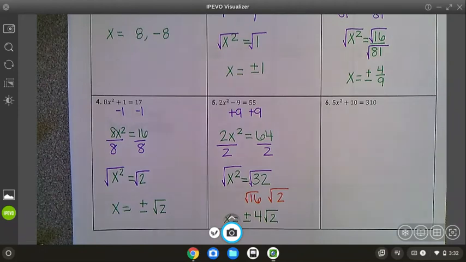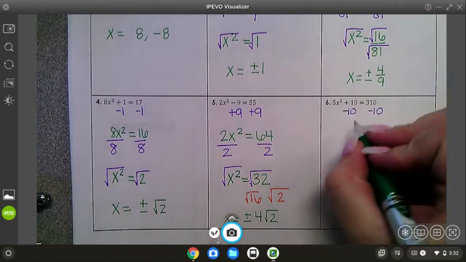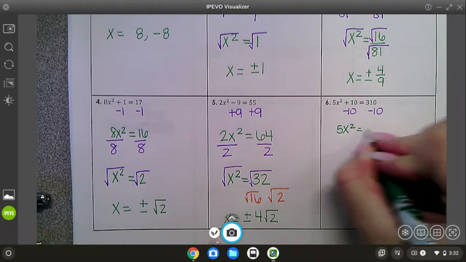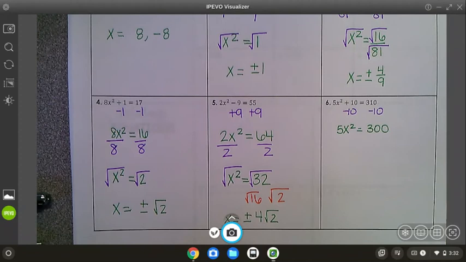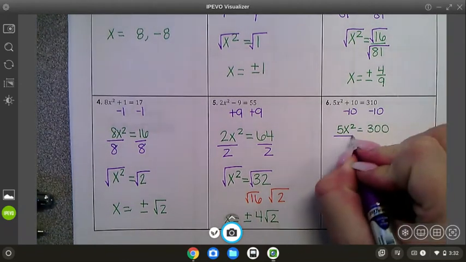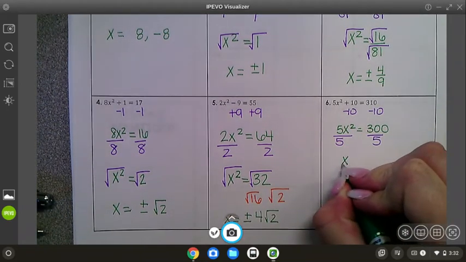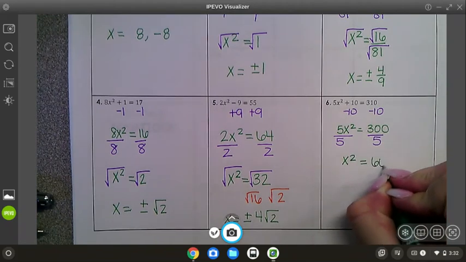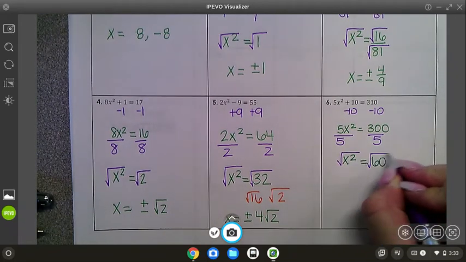And the last one, let's start out by subtracting 10. We get 5x squared equals 300. And then we divide both sides by 5 to get x squared equals 60. And then we take the square root.